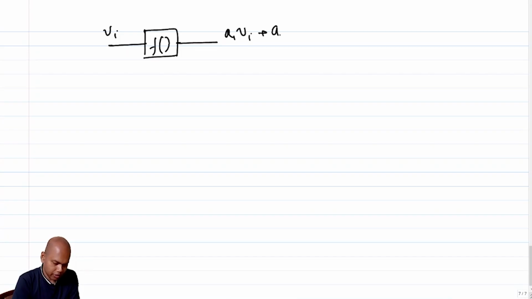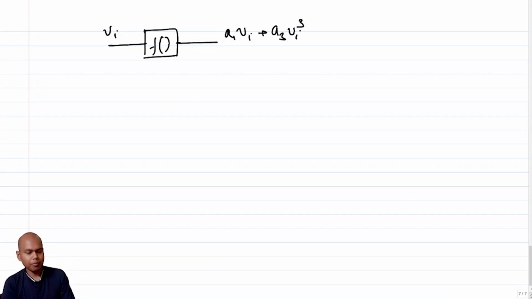So let's say your f of vi is a1 vi plus a3 vi cube. It might have second order terms, but I'm not including them, because ultimately if I do a differential, it will go off, right?